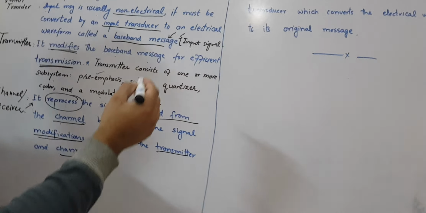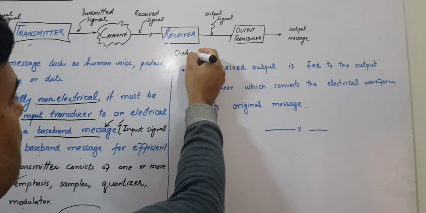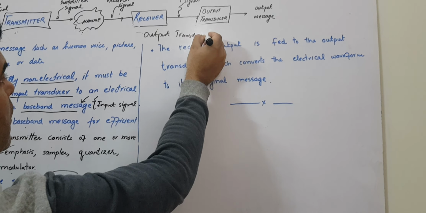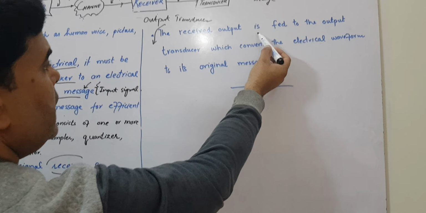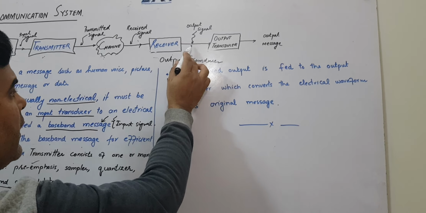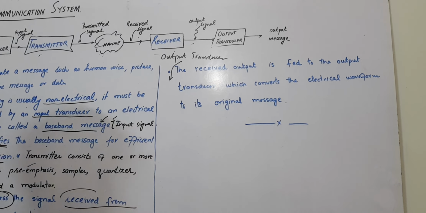And then after the receiver, you have the output transducer. The received output signal is fed to the output transducer, which converts the electrical signal again into its original message.